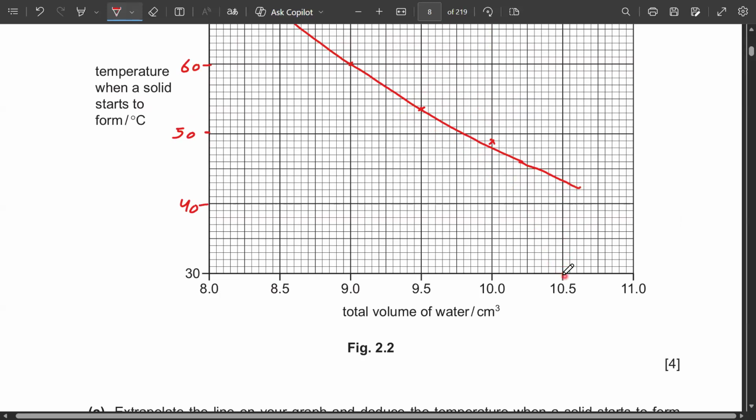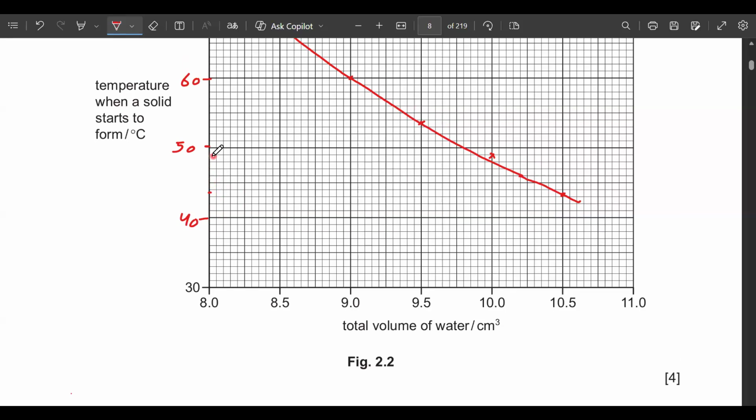Now at 10.5 cm cube of the water, the temperature is over here. Now let me check where it comes. It goes over here. This one. So this value is roughly at 43.5. I might be wrong because I'm doing it with my hands.